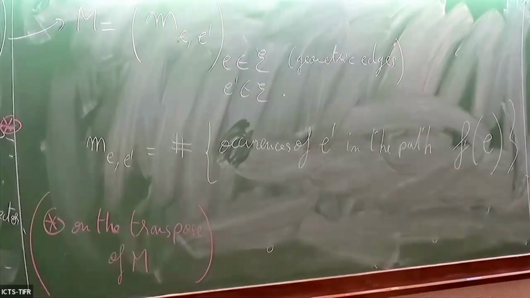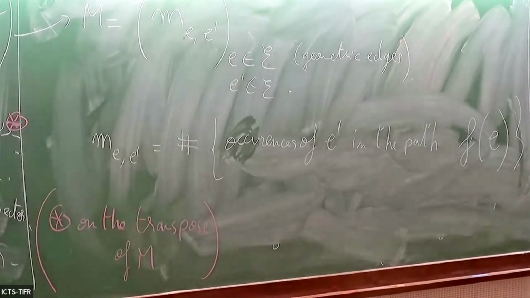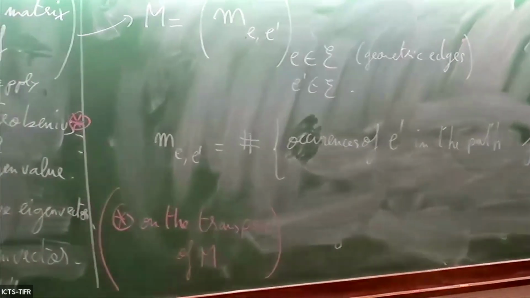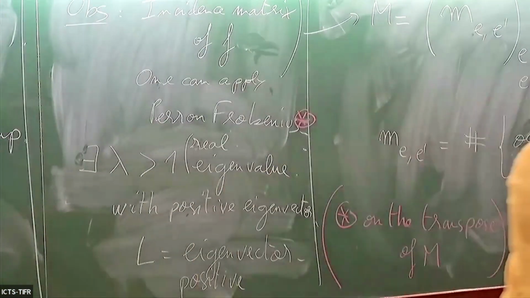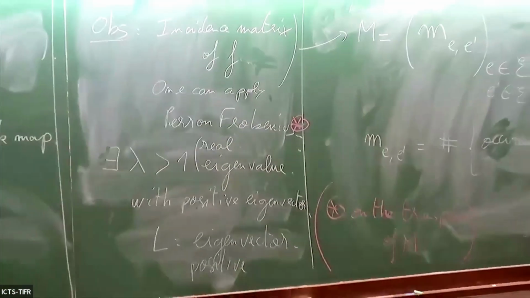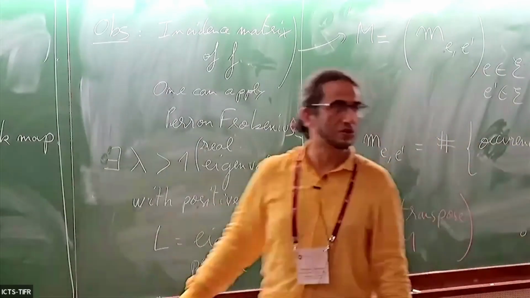Now you're happy? You mean the left eigenvector? You mean the transpose of them or the left eigenvector of them? The left eigenvectors of them, yes. Well, okay. I wanted to see the left eigenvector to apply this, and I didn't warn you beforehand that this was going to happen this way.